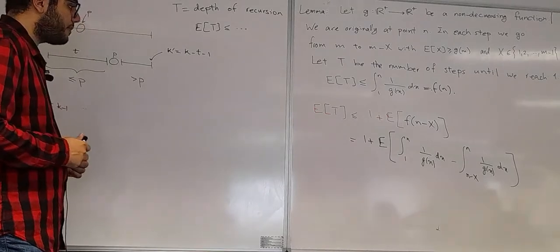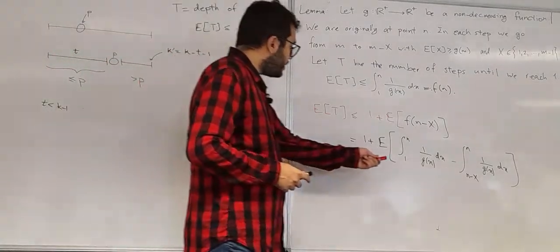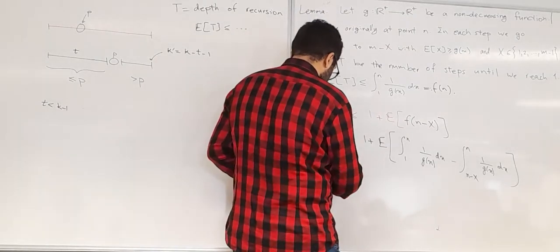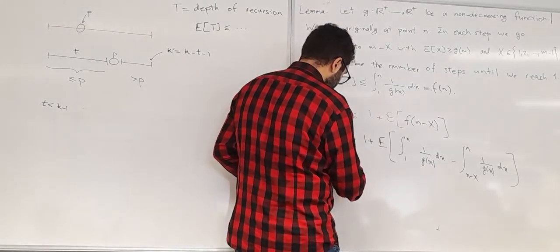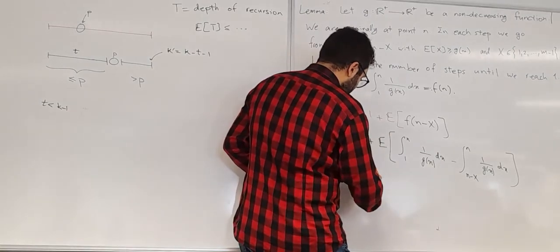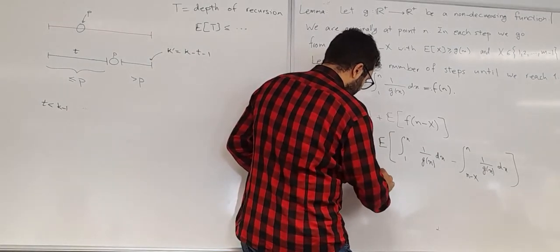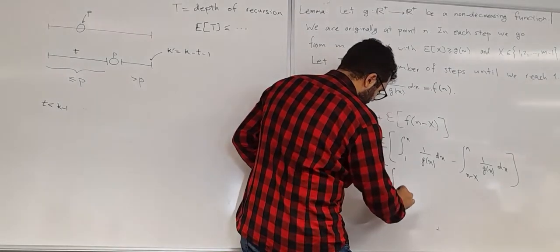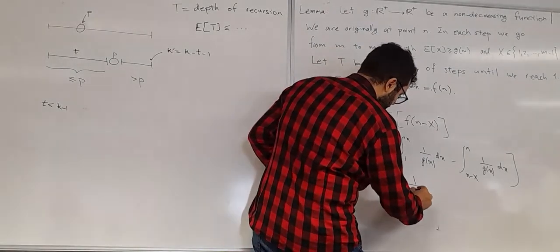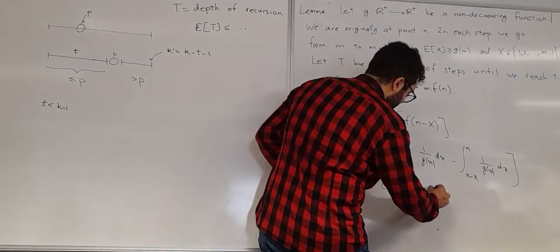Now, what is the first one? This is f of n by definition. So I have 1 plus f of n minus the expected value of that integral from n minus x to n, 1 over g of x.